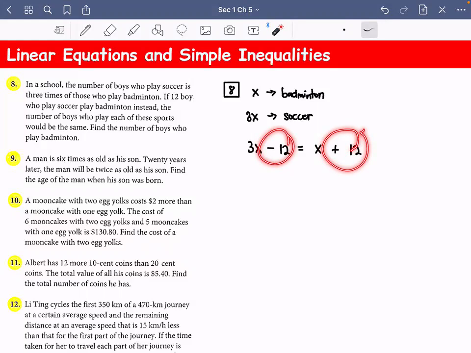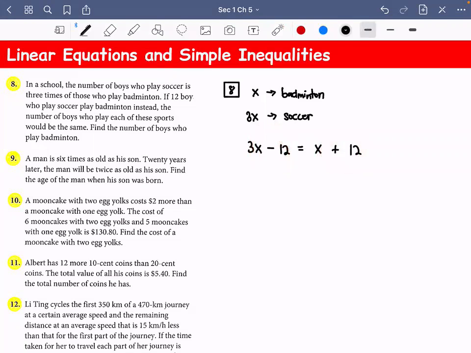That's why you have minus 12 here. So that's the basic explanation for that. Do you have any question? So again, the soccer players lost 12 boys, but then they went to badminton, so badminton plus 12.